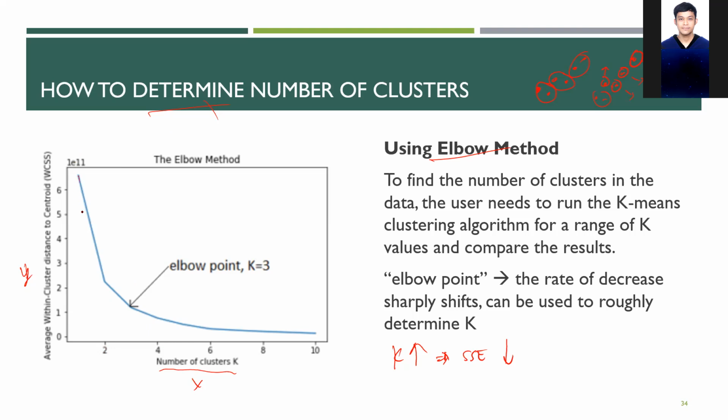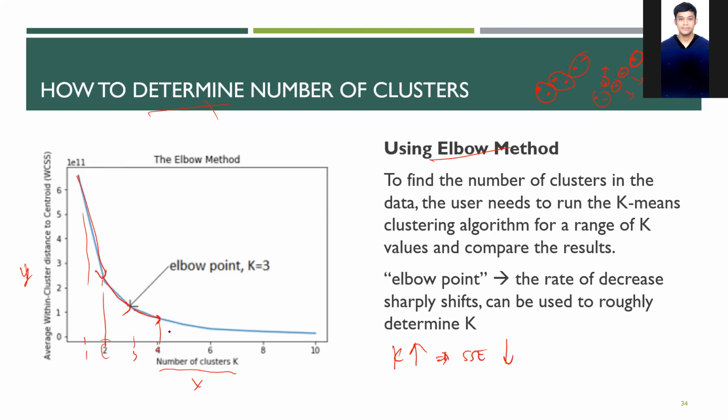This is only one cluster. And then if we set two clusters, the SSE will decrease significantly, dropping like this. And then we add one more cluster, it still decreases. We change to 4, 4 is here.